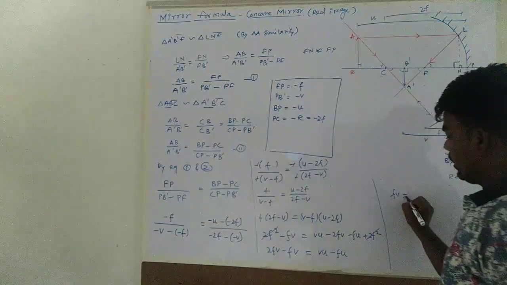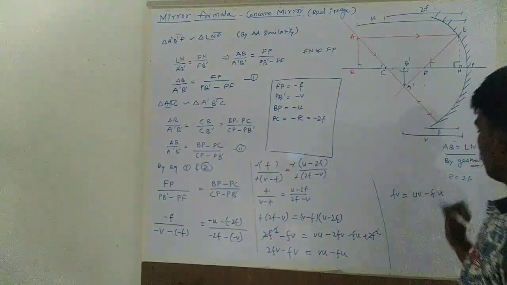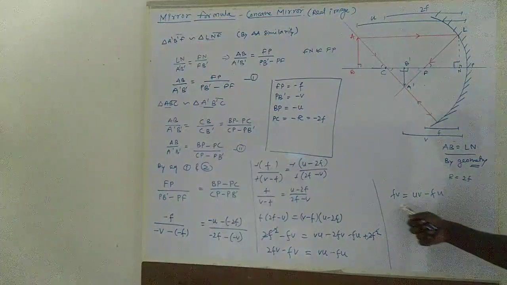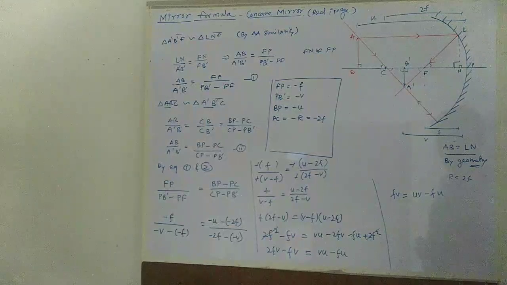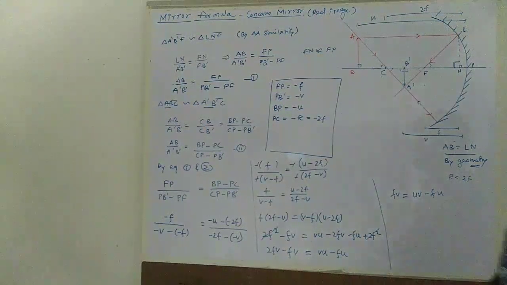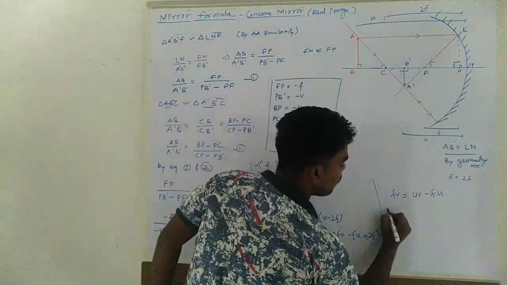FV is equal to UV minus FU. So this is the relation you have got here. But this relation is not convenient because every time there are two things coming. So we divide this whole equation by UVF.